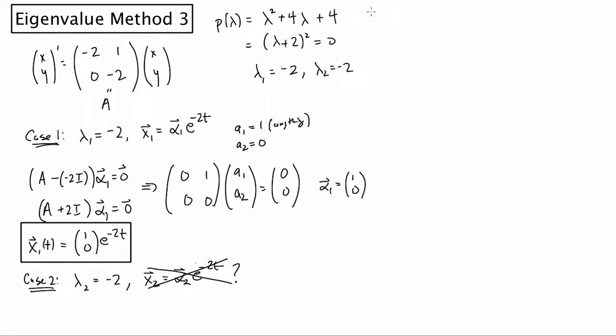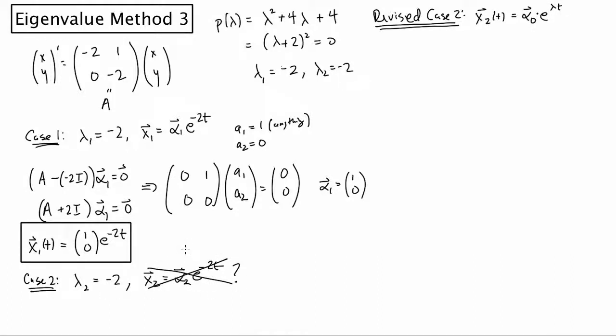And so a revised case 2 would be: what did we do back when we had repeated roots? When we had a repeated root, we looked for a solution that's a little bit different. A vector times e to the lambda t is not going to be enough, as we already said.